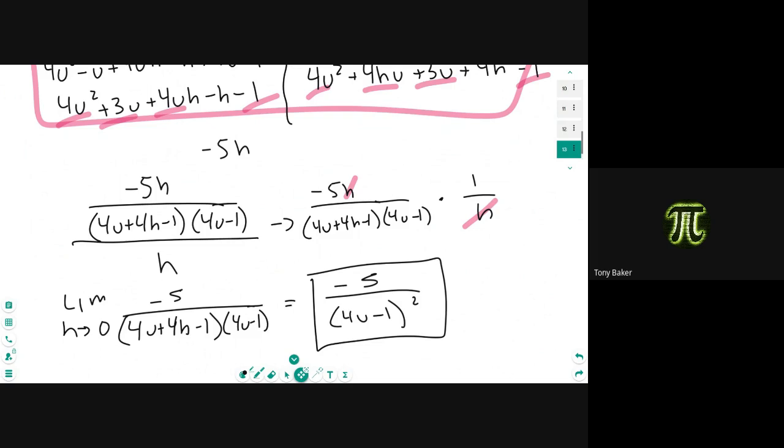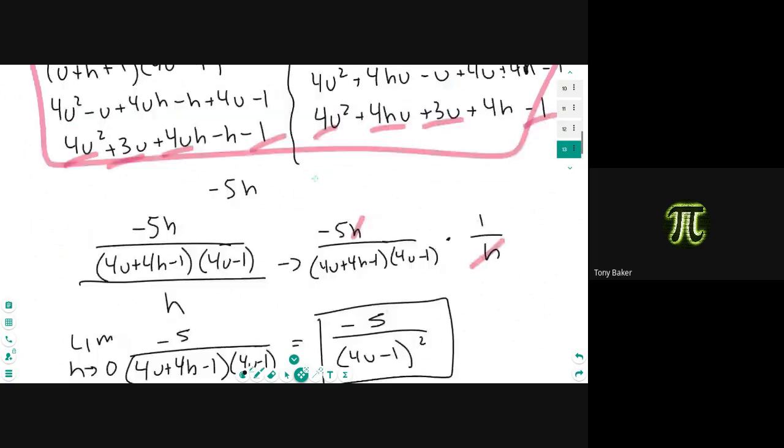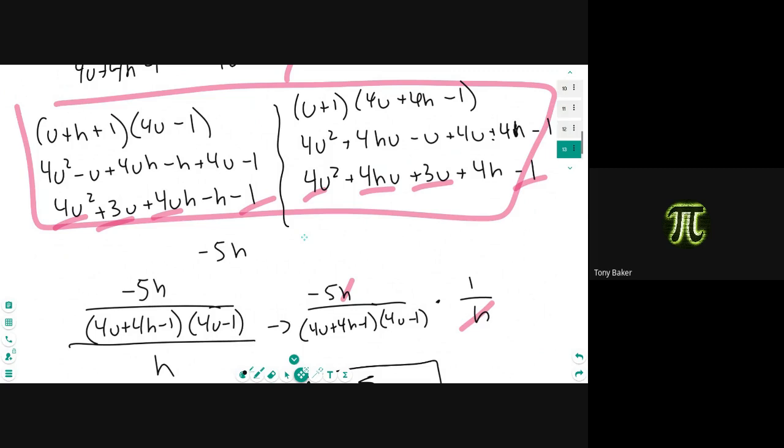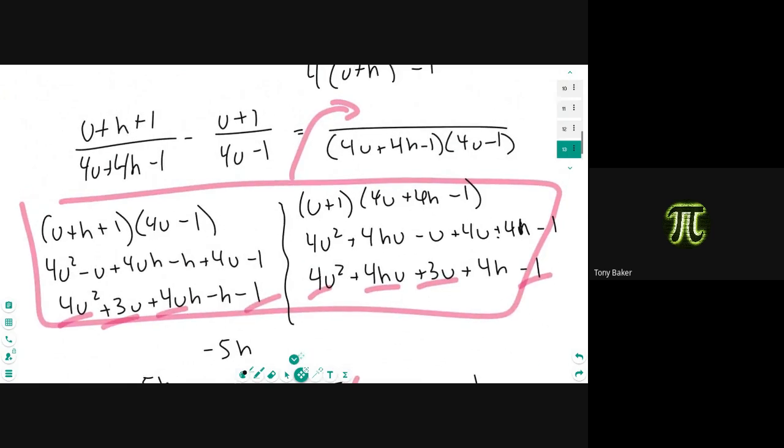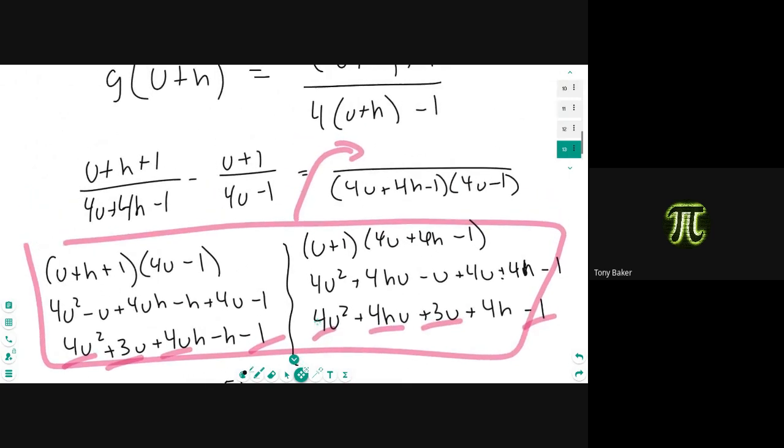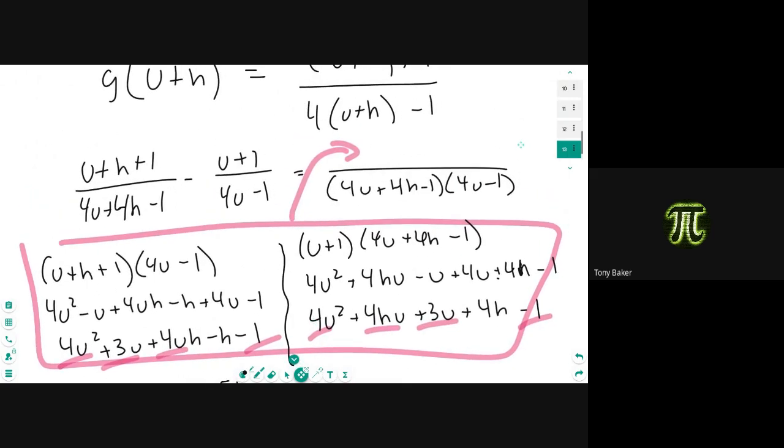Okay. Yes, lots of steps, lots of little places to make mistakes, as you saw I did. Mistakes happen. The biggest thing when you make a mistake is realizing you've made the mistake and how to go back and find it.